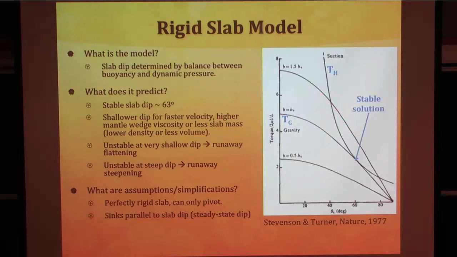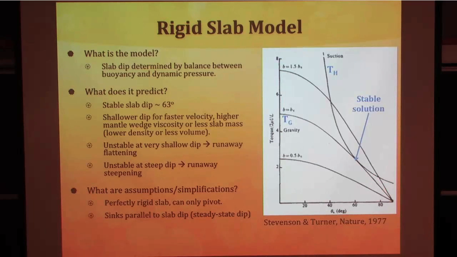your slab ends up with a smaller dip, the suction torque will hugely outpace the buoyancy, right? And your whole slab will basically just get sucked up to the overriding plate and just shut off your wedge. Whereas if you go to very steep angles, the buoyancy forces will win and you'll just get a vertical slab.